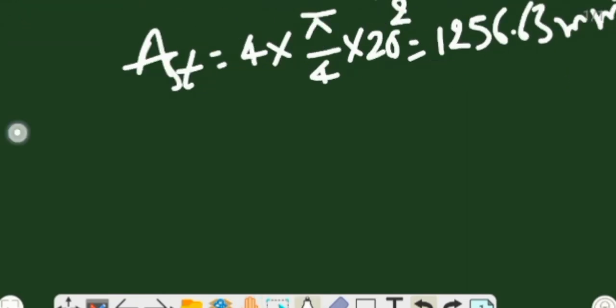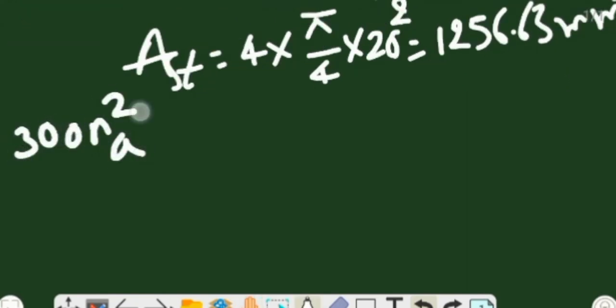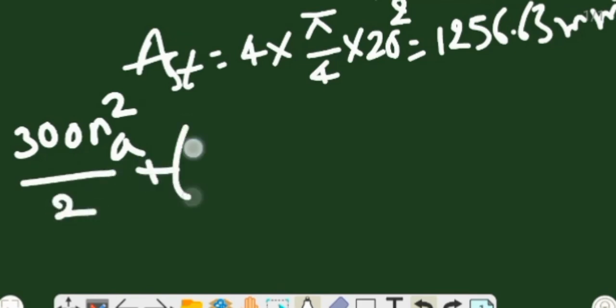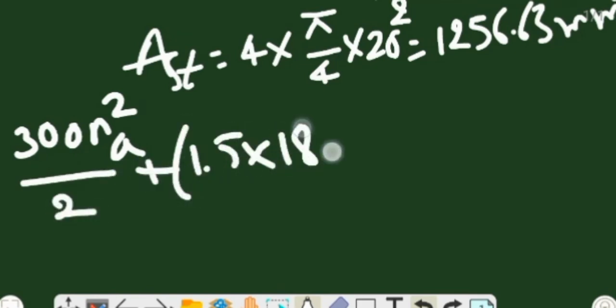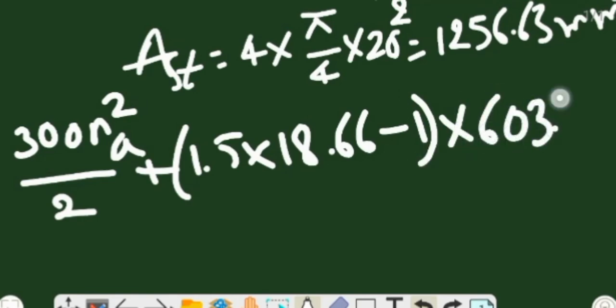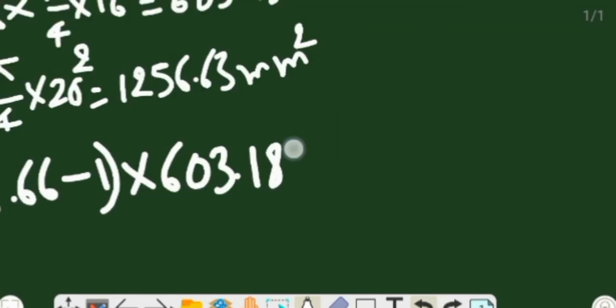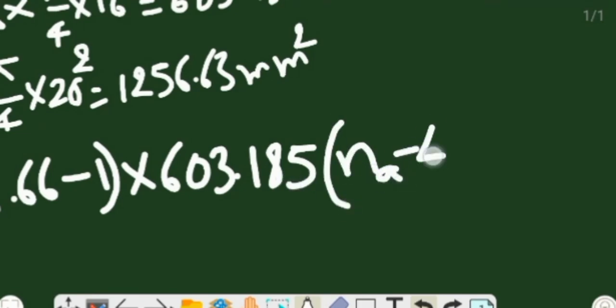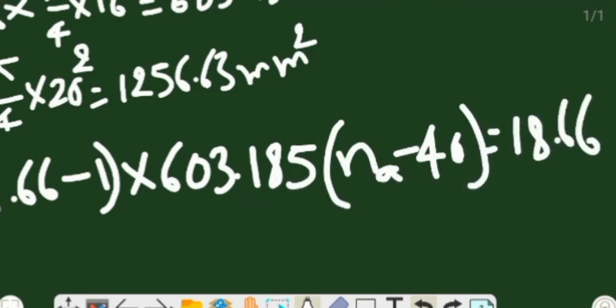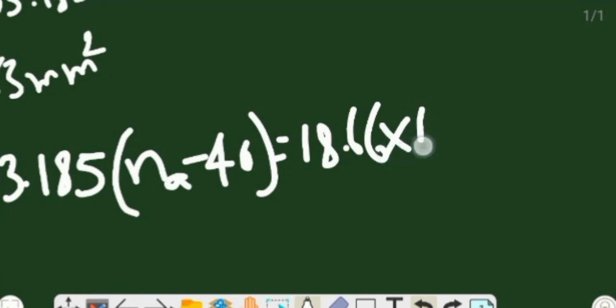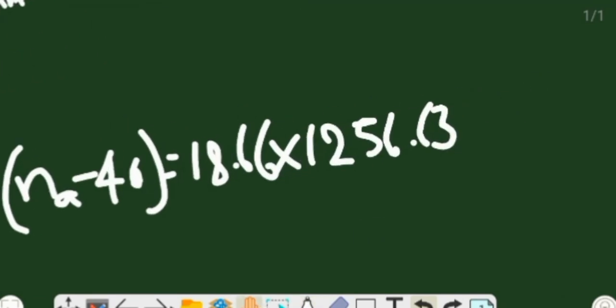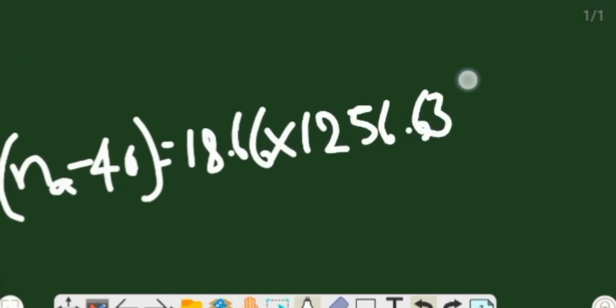Substitute all the values in the above equation: 300 into na square by 2 plus 1.5 into m, which is 18.66, minus 1, and ASC is 603.185, and na minus d dash, which is 40 mm, equals 18.66 into AST, 1256.63, into d, which is 460 mm, minus na.